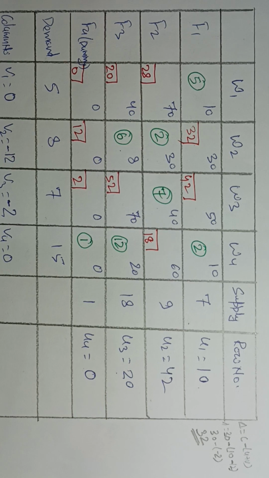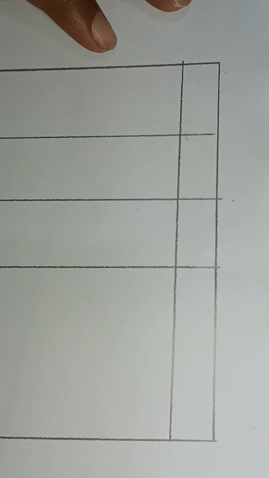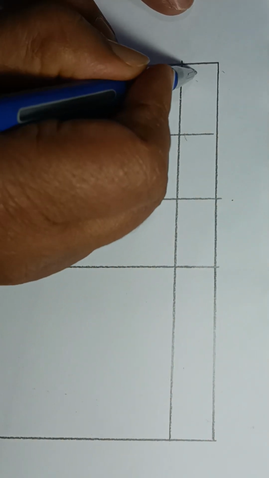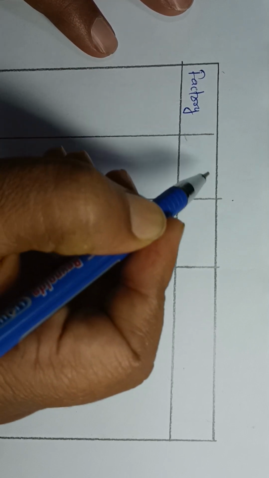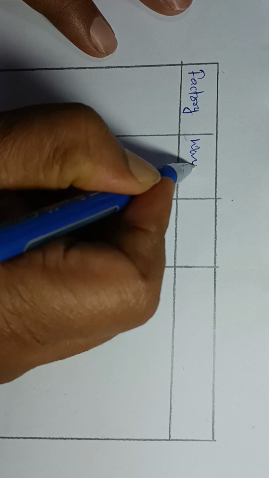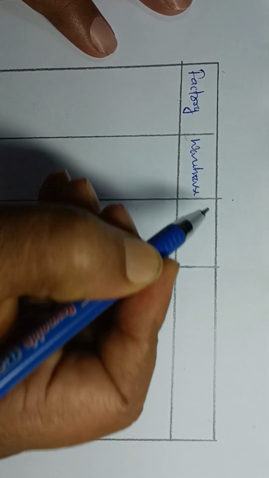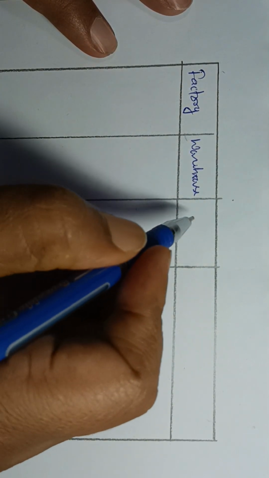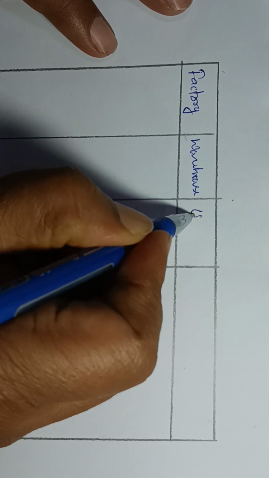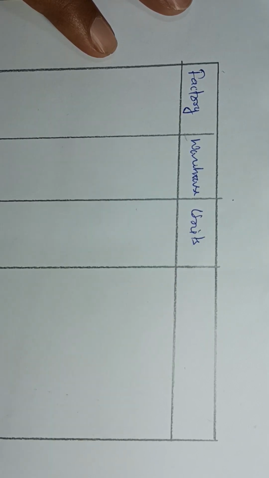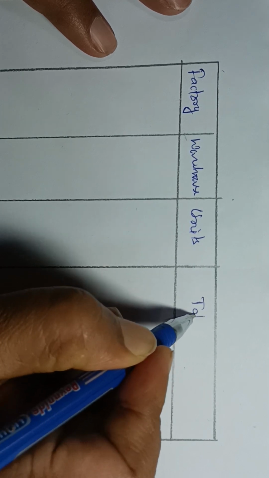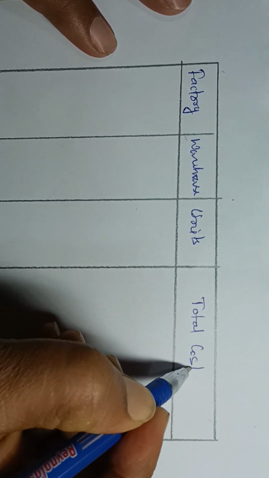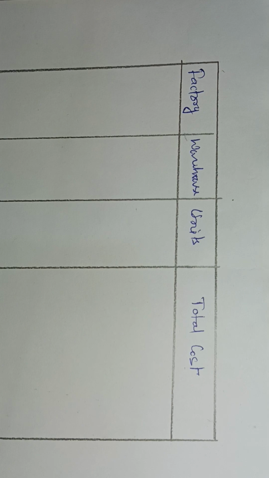This would be the allocation. Now we will summarize the answer. Here factory, then warehouse, then units from the final table, and we will find the total cost. What would be the total?